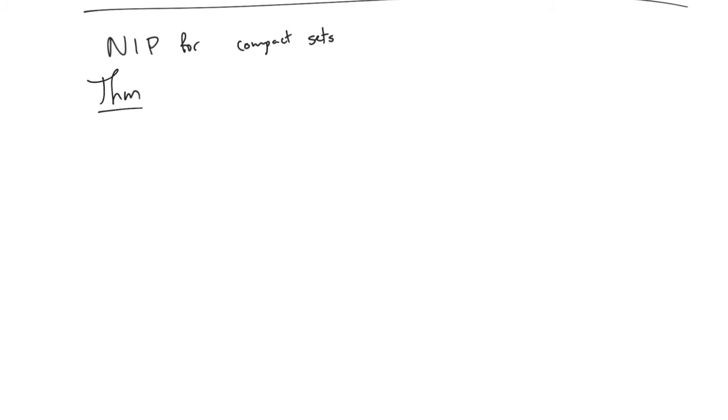It's going to say if we have a bunch of compact sets, so I'm going to say let Kn all be compact sets. There are many of them, and they are nested, which means K1 is the biggest, K2 is a subset of that, K3 is a subset of that, etc. These are nested compact sets.